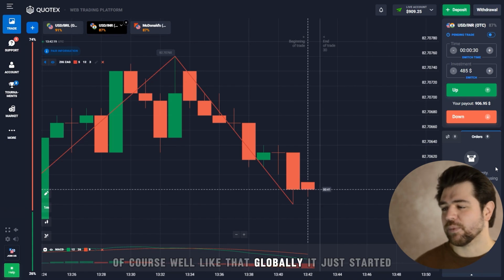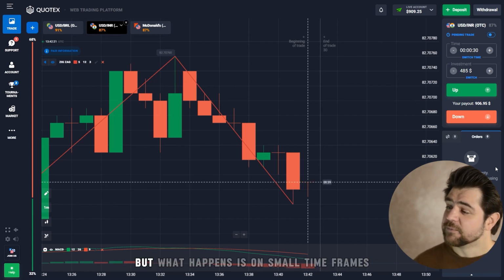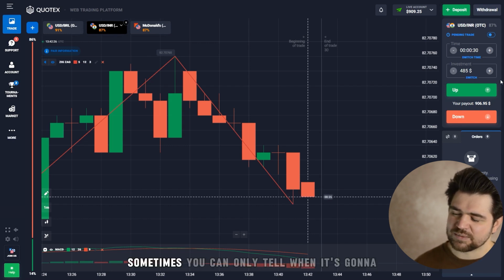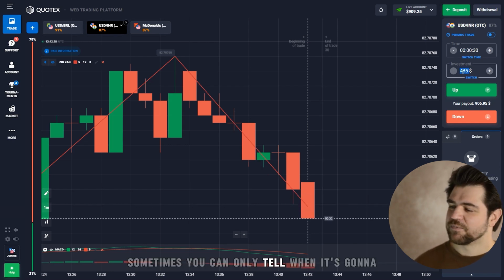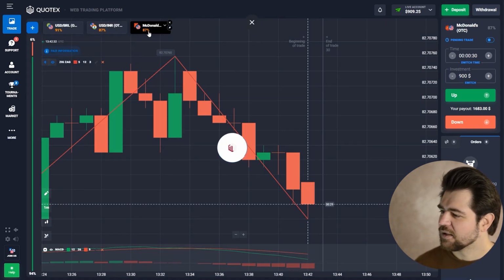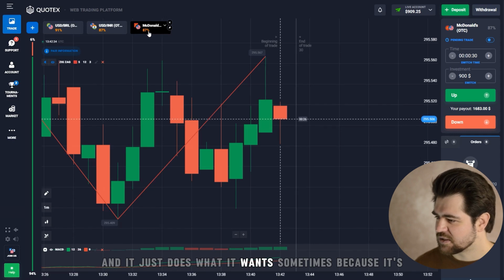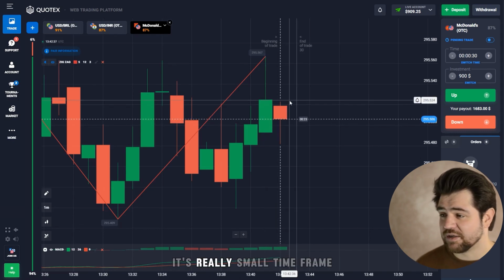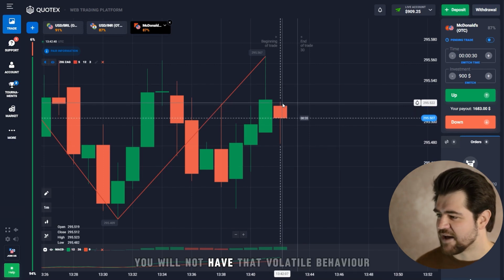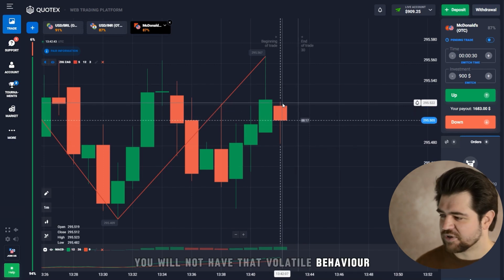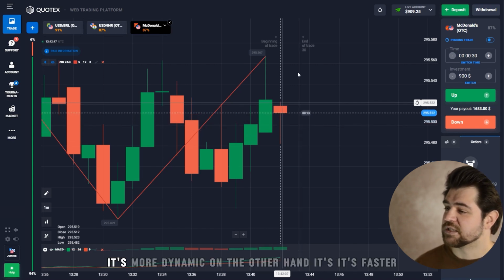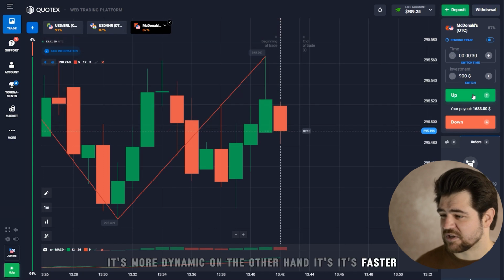But what happens is on small time frames, even if it's a minute, sometimes you can only tell when it's gonna go up or down, and it just does what it wants sometimes because it's a really small time frame. On the longer time frames, you will not have that volatile behavior, but on a small time frame, it's more dynamic. On the other hand, it's faster.